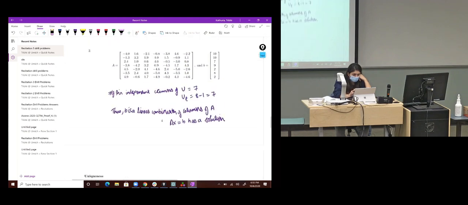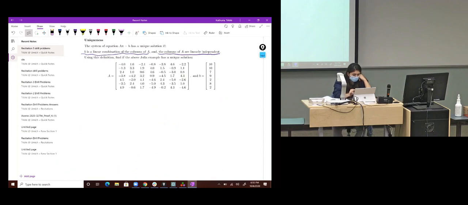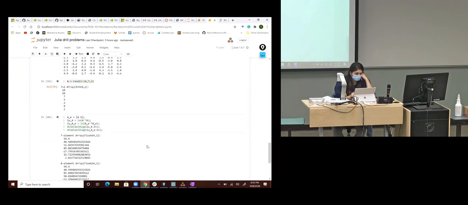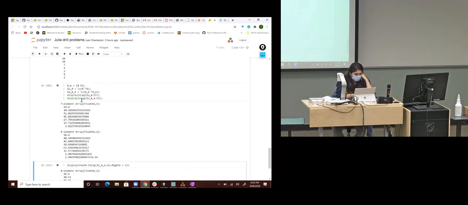So if this is the same problem that we had before and we checked for its existence of solution, can I go back and comment on its uniqueness? Well, yes, I can. I go here and I look at the diagonal elements of the U matrix, and there are 7 diagonal elements, and I look at them and I say there's none of them look like they're 0 to me.